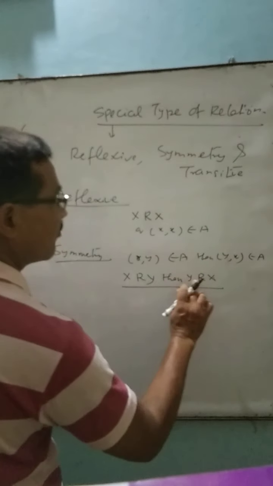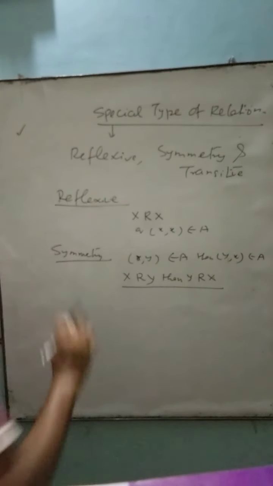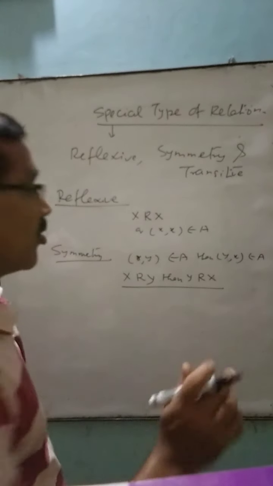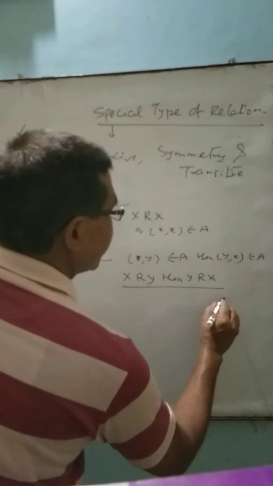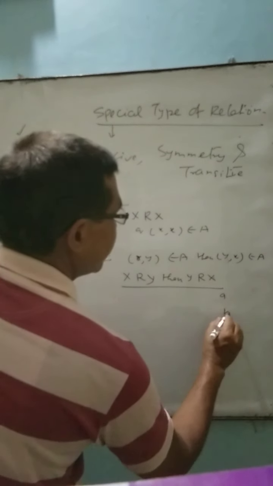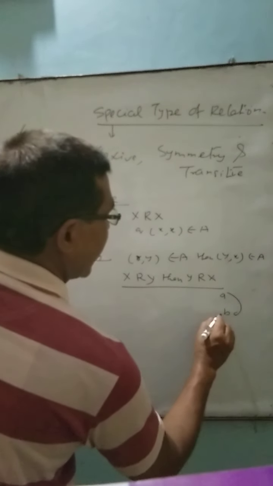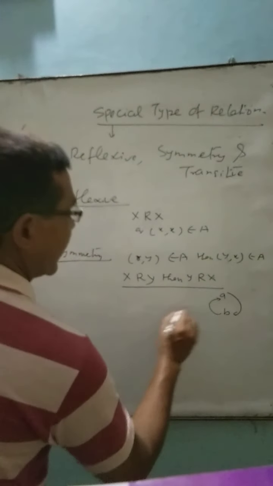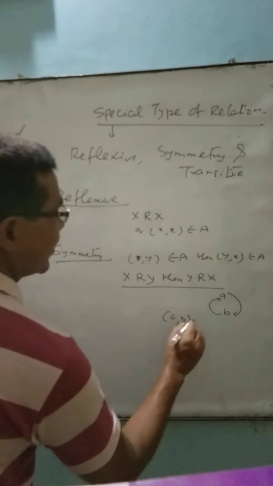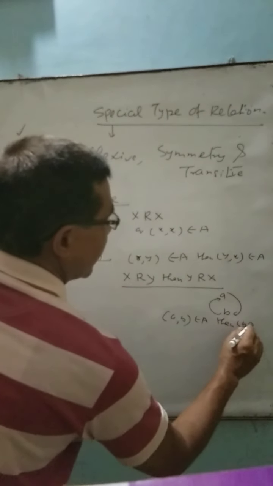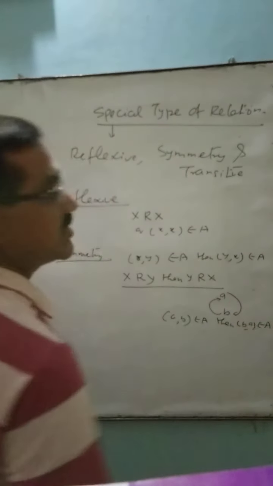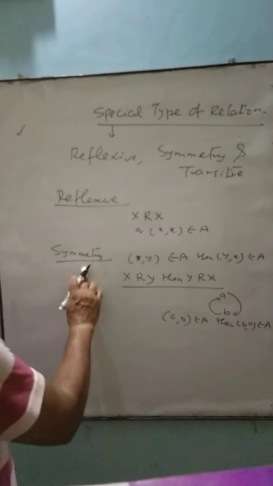If this is fulfilled, then we say that it is symmetry. Clear to all of you? In notation, you can say that A is here, B is here. From A to B and from B to A. That is, if (a, b) belongs to a set, then (b, a) also belongs to the same set. Then it is known as symmetry.